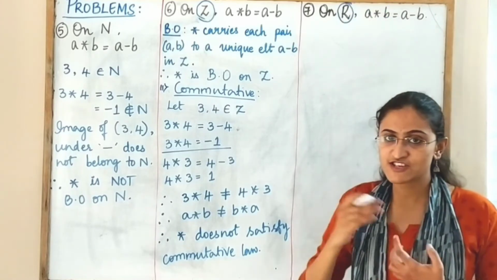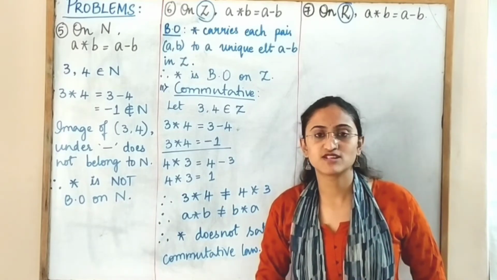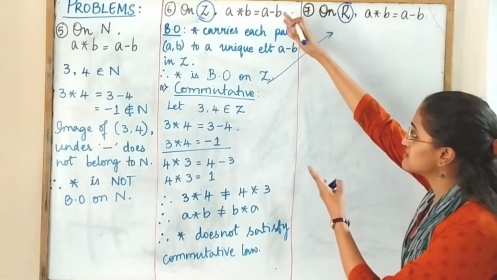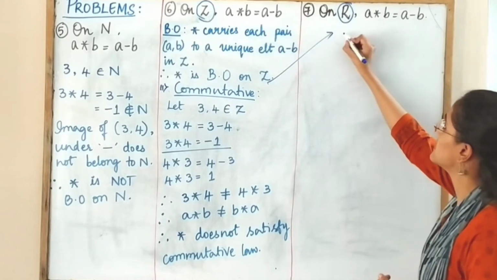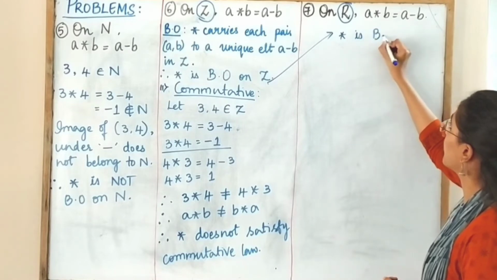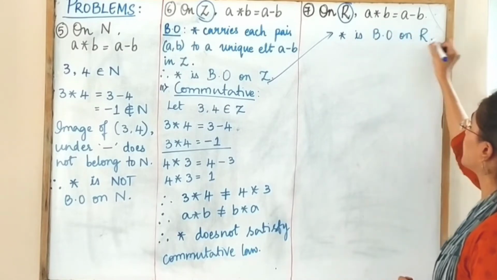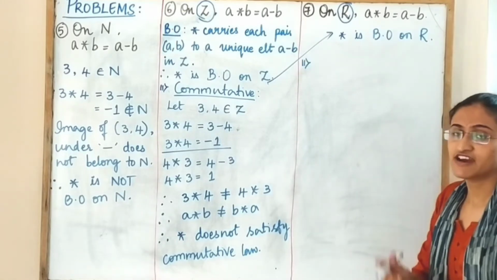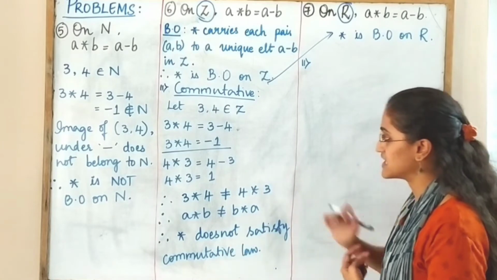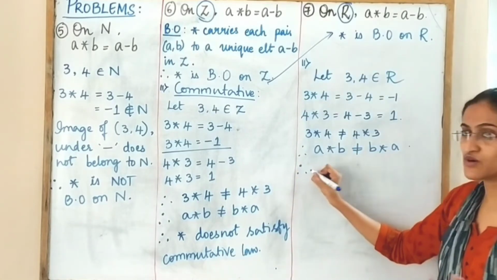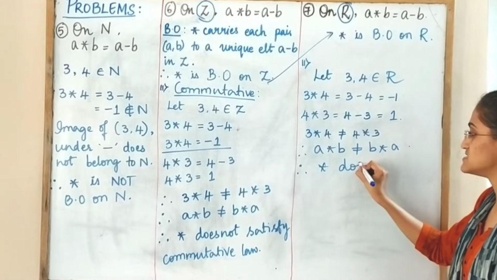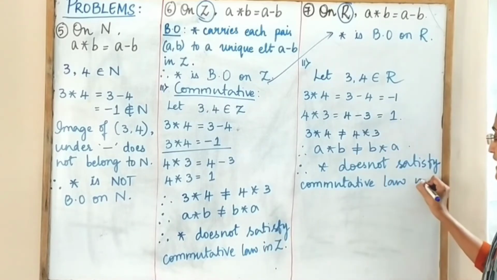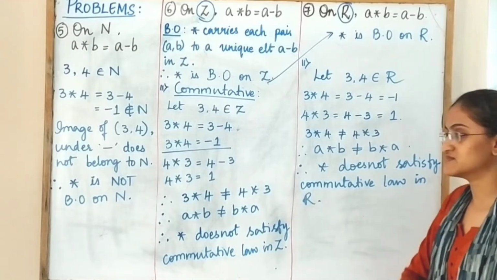Again taking any two real numbers and subtracting the two numbers, we get back a real number, and hence you can write the same mathematically and conclude that star is a binary operation on the set of all real numbers. Now coming to the second one, that is the commutative law, you can again take the same counter example, and hence we may also conclude that star does not satisfy the commutative law in the set of all real numbers also.